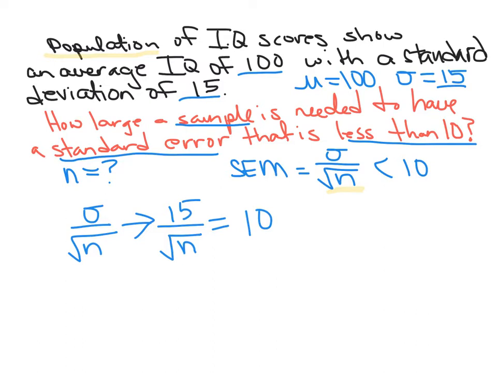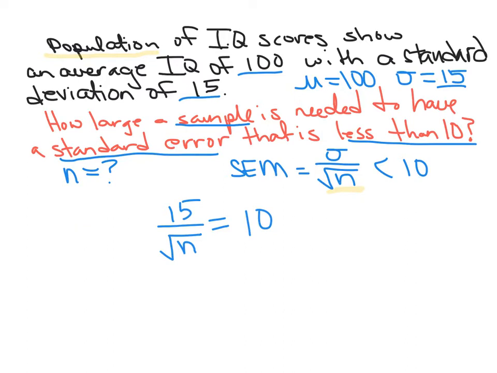To solve this, we're going to multiply both sides by the denominator in the fraction. Our fraction is 15 divided by the square root of n. I'm going to erase this right here just so that we can use this side.